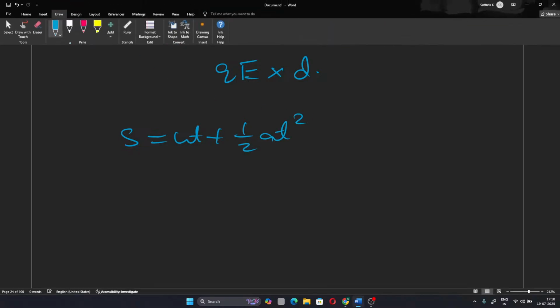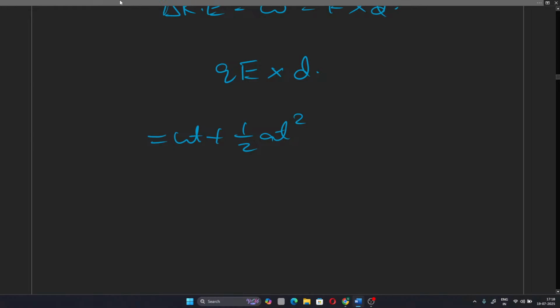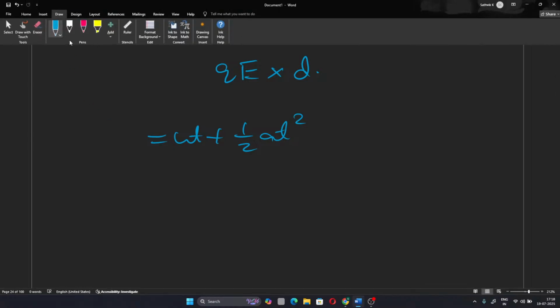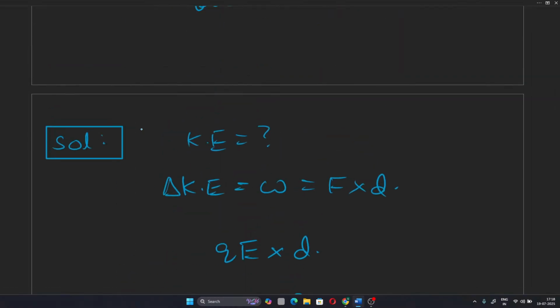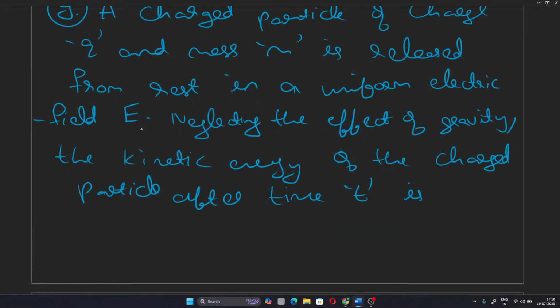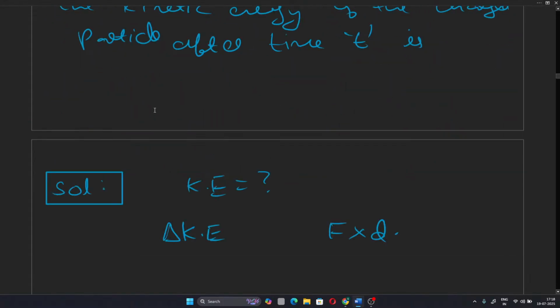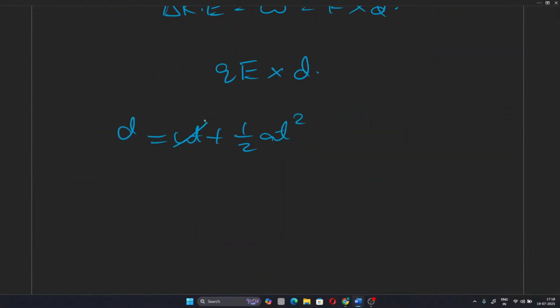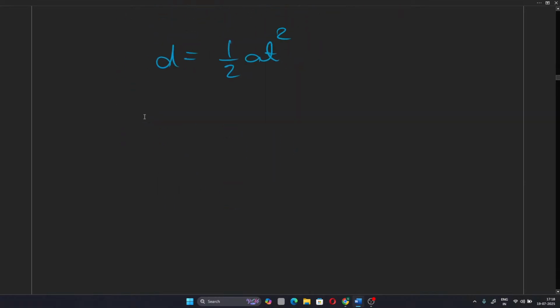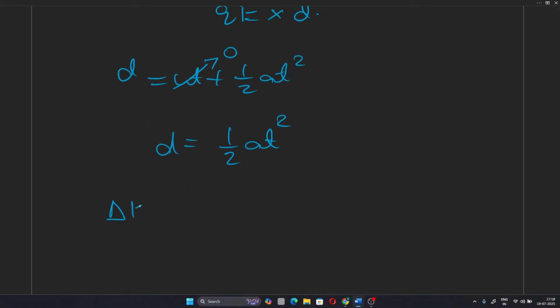Instead of S, we can write it as d here. Since they gave clearly that it is from rest, initial velocity is 0, so d equals half at square. So change in kinetic energy equals QE times half at square.